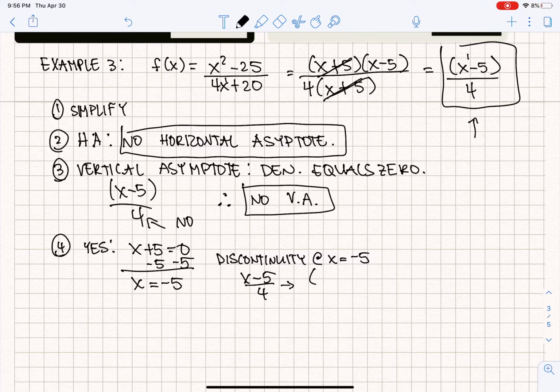So I'm going to plug in here -5, take away 5 over 4. This gives me -10 over 4, which is equal to -5 over 2, or I can rewrite it as -2 1/2. Okay, so we have an ordered pair here for our discontinuity at -5, -2 1/2.